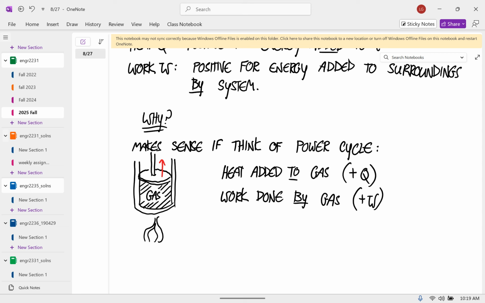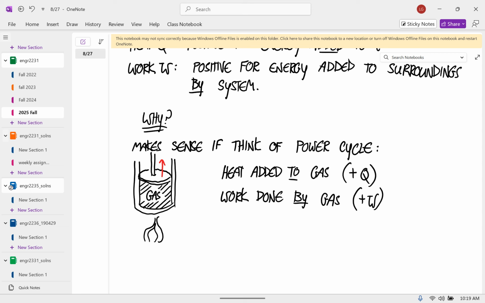So as you're starting out on these problems, we're going to do a lot of stuff early on where we're just dealing with this sign convention, trying to keep repeating it until it's just your natural way of thinking. You can always remind yourself of what's going on intuitively by thinking of what happens in a power cycle. You add heat to the gas, and the result is that work is done by the gas on the surroundings.